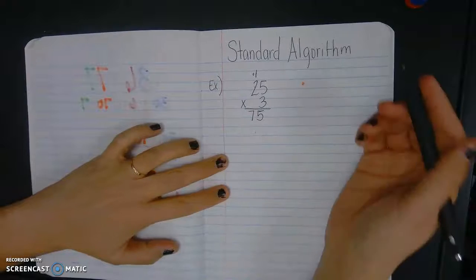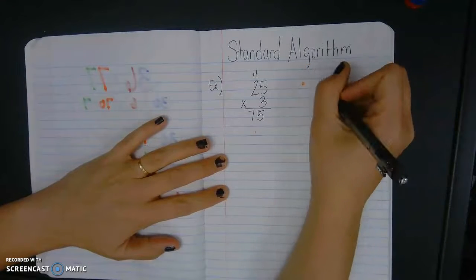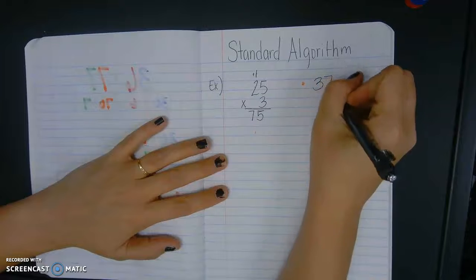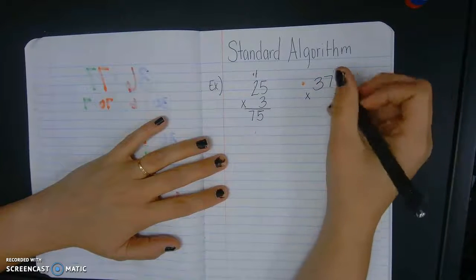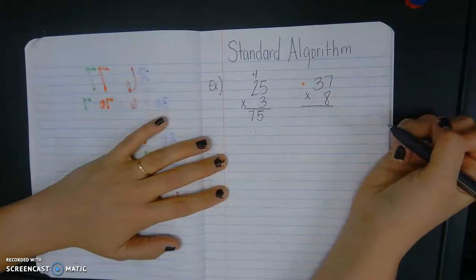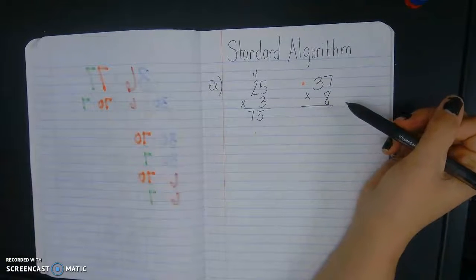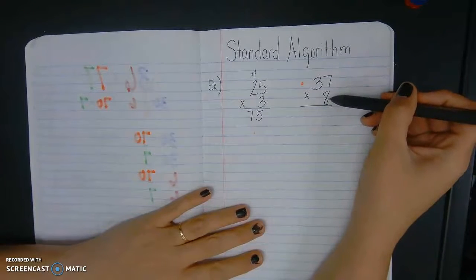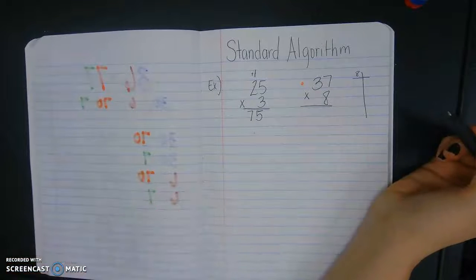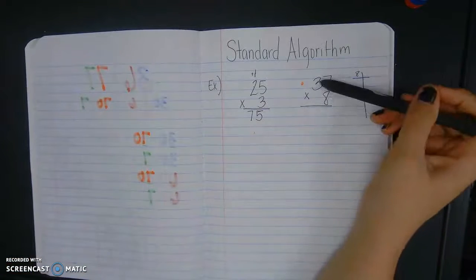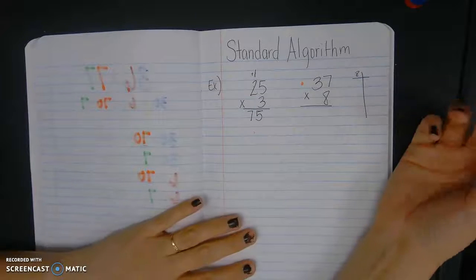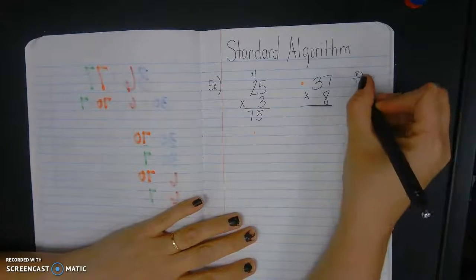All right, so let's look at another third grade problem before we move on to more of a fourth grade one. Let's say we have 37 times 8. If you're not very comfortable with your 8s, make yourself your T-chart. That is okay because you're going to be multiplying it times 7 and times 3. This is a kind of fast way to do it.